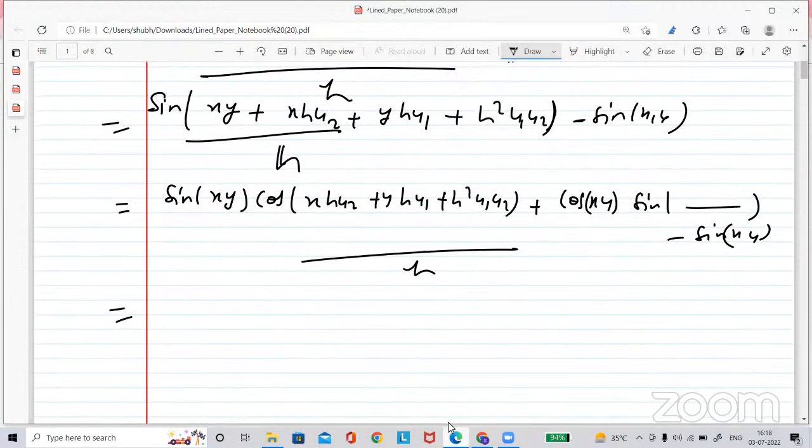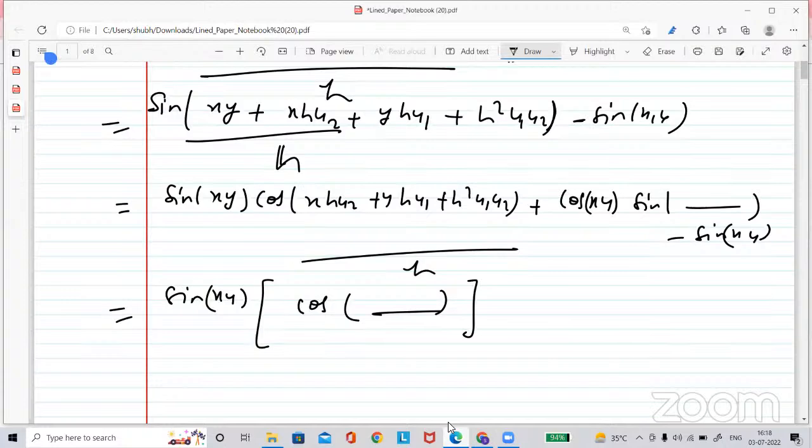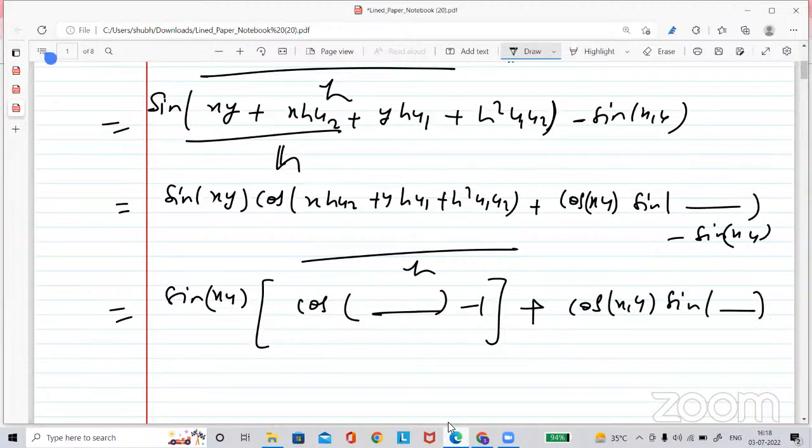We can take sine xy common. So it is going to be cos of that bigger expression minus 1, plus cos xy into sine of the bigger expression by h.